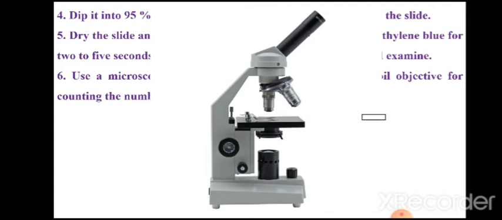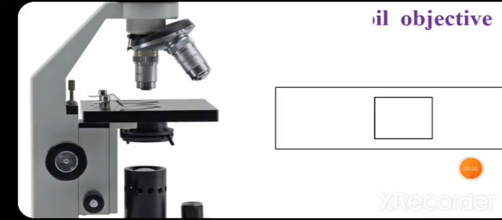Then this slide is observed under the microscope. This is the marked area of 1 centimeter by 1 centimeter, which is stained with methylene blue, and we are observing that under the objective.